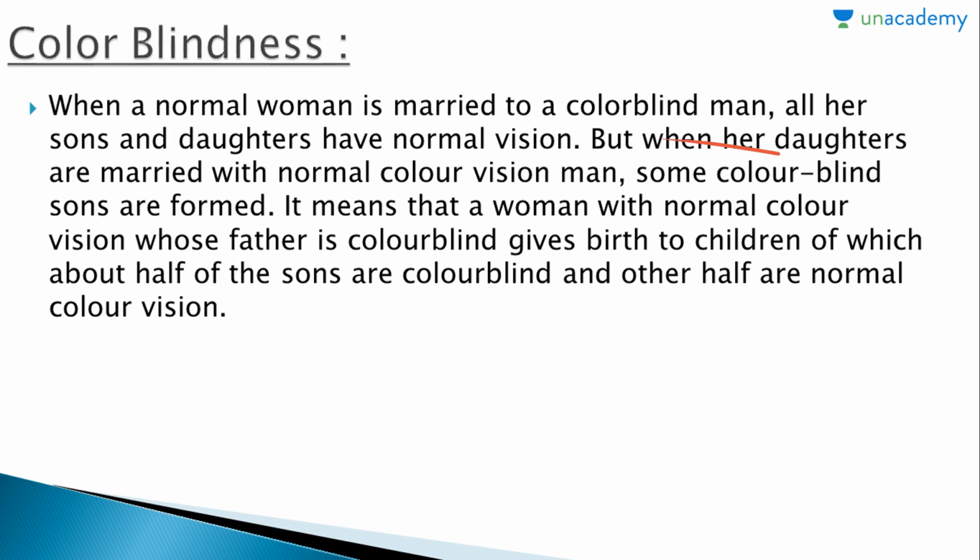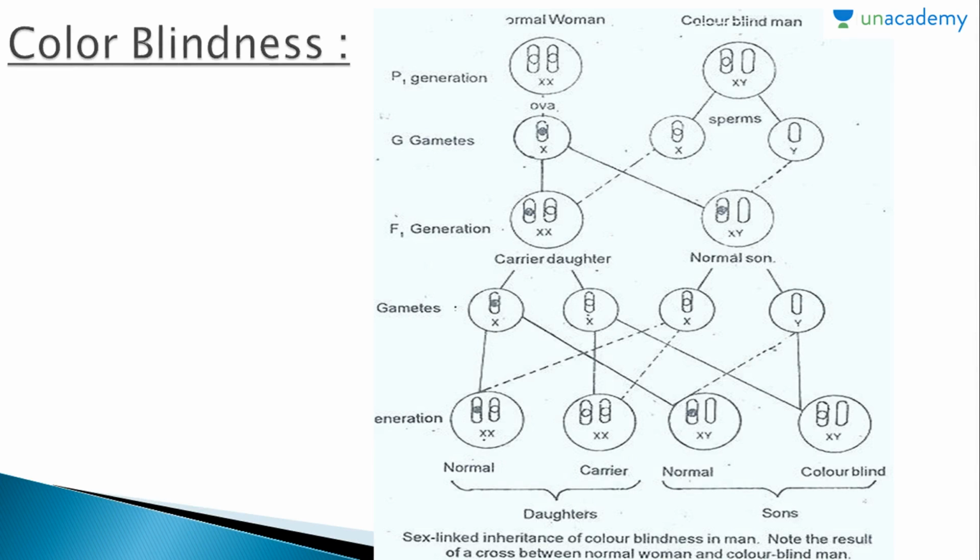It means that a woman with normal color vision whose father is color blind can give birth to children of which about half of the sons are color blind and the other half have normal color vision. This is the probability, not an exact number. It is clear from this diagram.